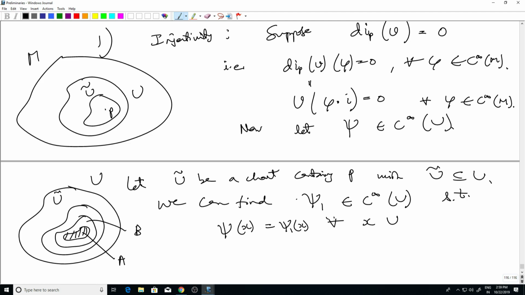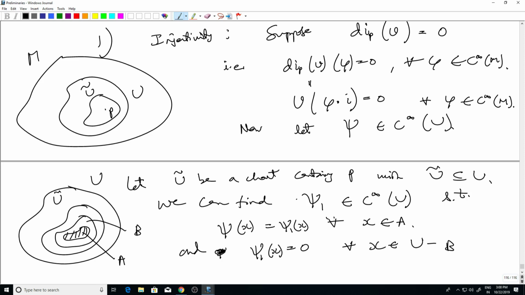Right. So what I want is we can find a new function such that C of x equals C1 of x for all x in A, and C1 of x is 0 for all x outside this B, essentially U minus B. And the way one would do it is, we do whatever I did last time.